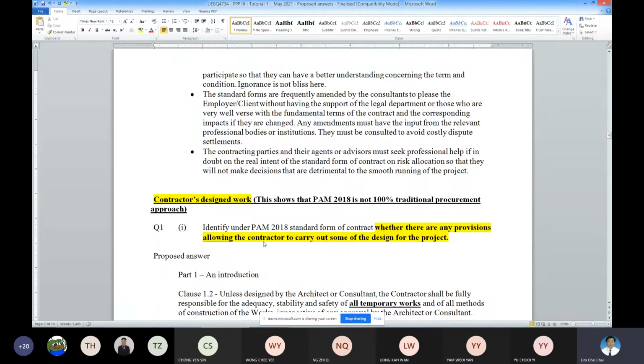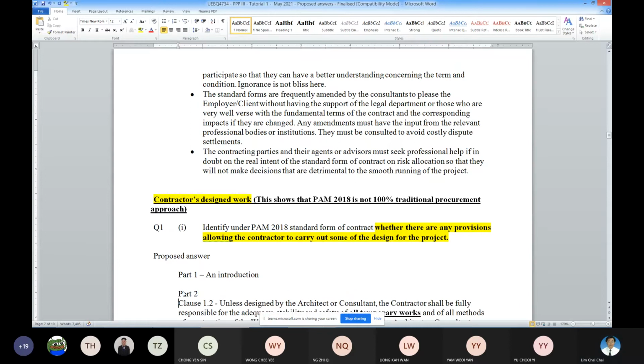And then part 2 will be on your clause already. So this is your part 2, PEM 2018, understanding.